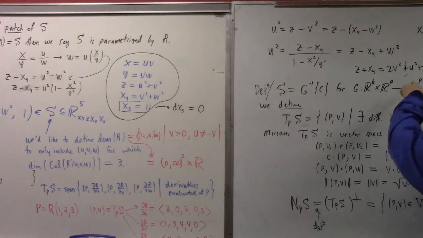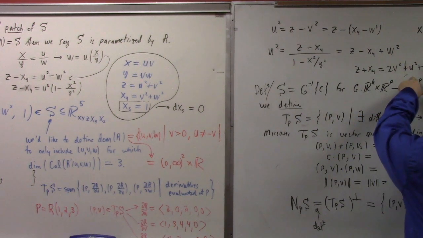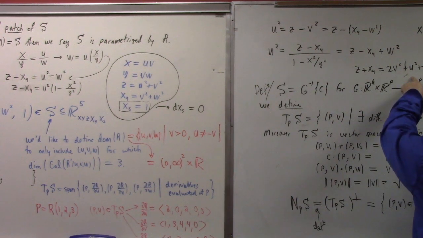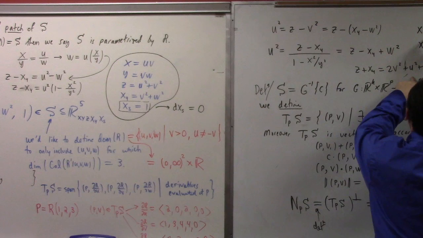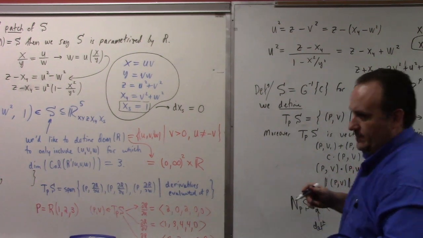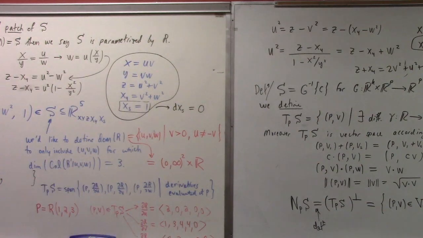So I can trade u squared plus w squared for a v squared times z plus x4 minus 2v squared. That's kind of nice. See that? That at least has just a v in it.